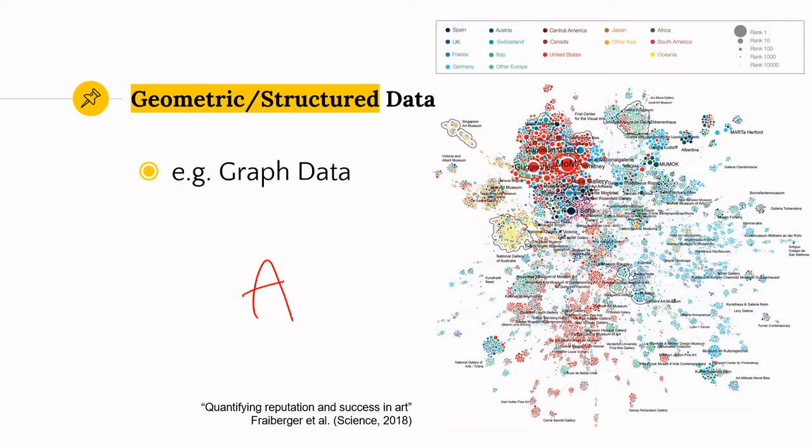So the connectivity basically represents how much of overlap per se in terms of hosting an exhibition of the same artist.